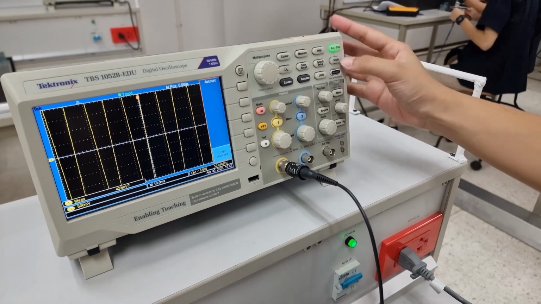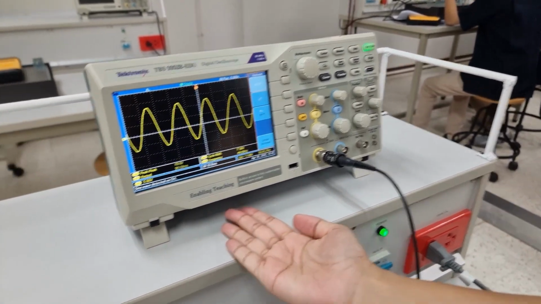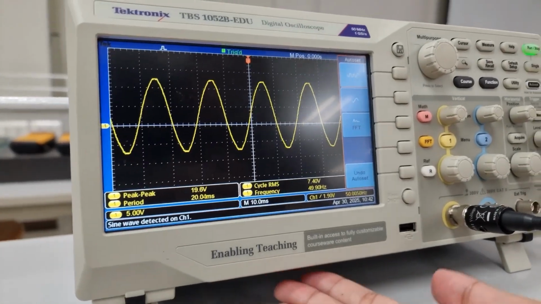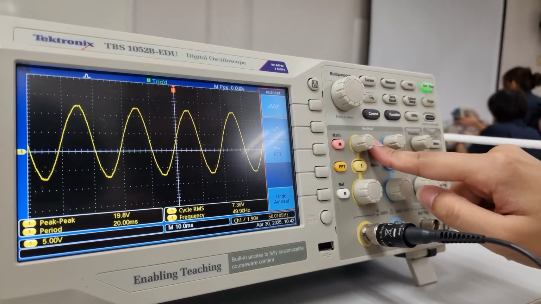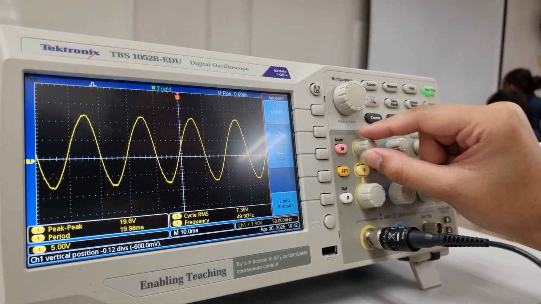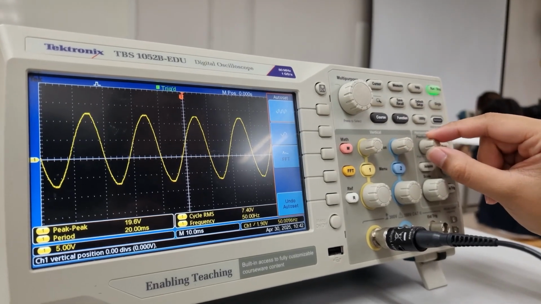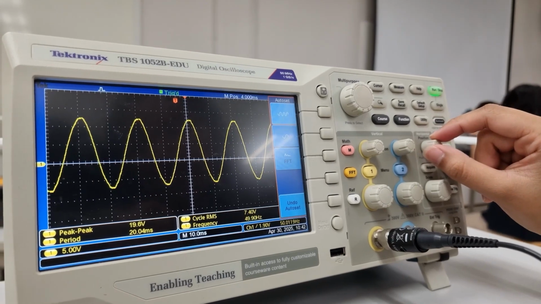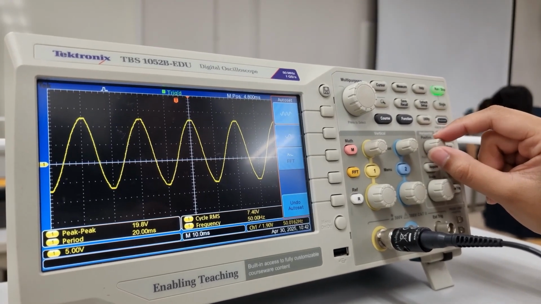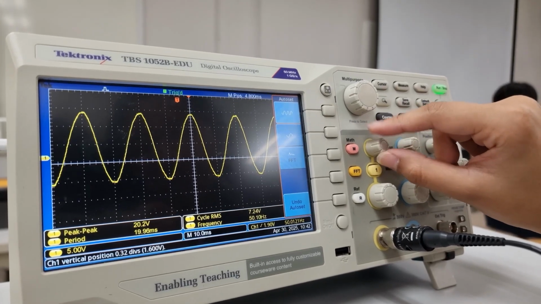First step, you need to click the auto set. And here it is. This will display the waveform and the value of it. You can adjust the position vertically and horizontally left and right, to make it easy and clear to read and count for the division.